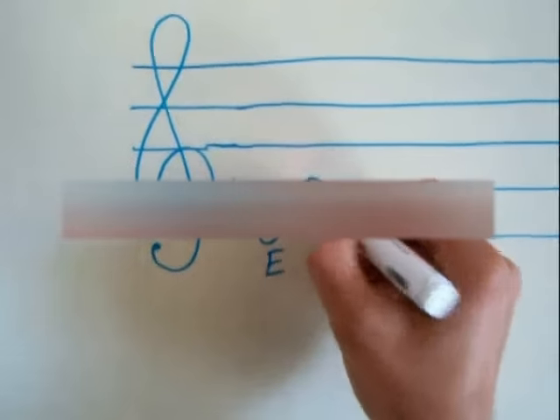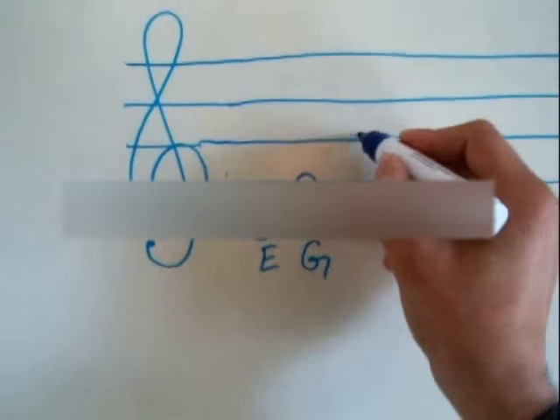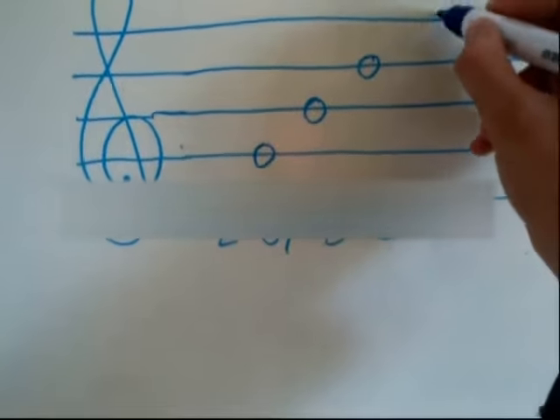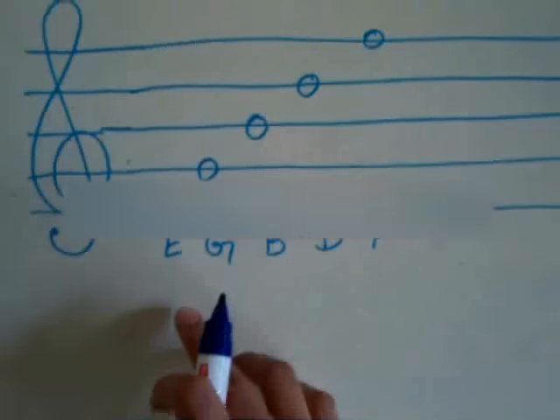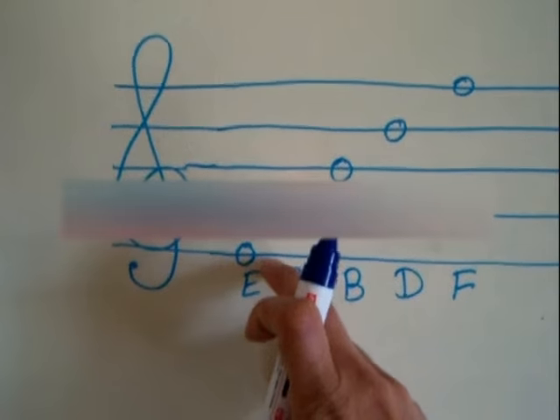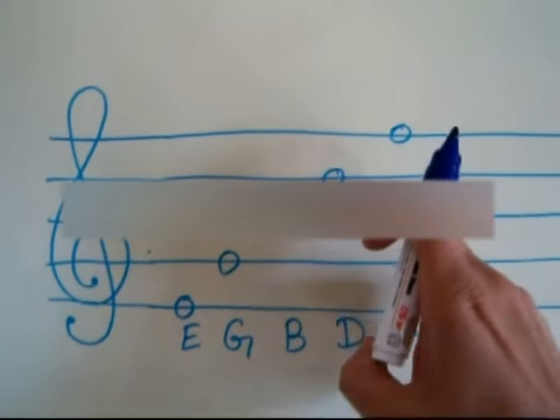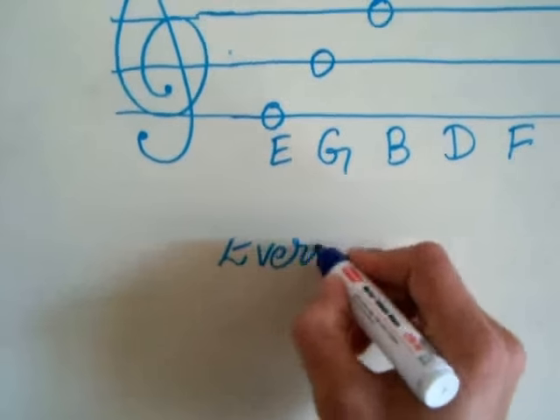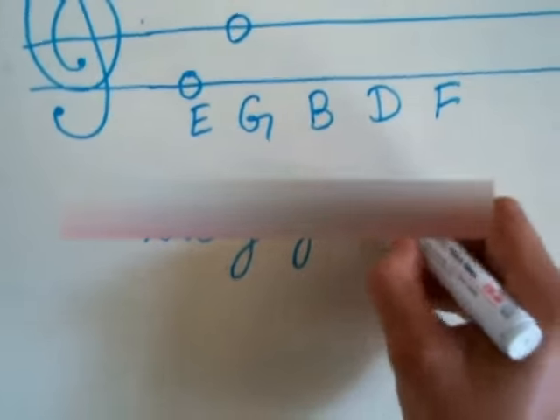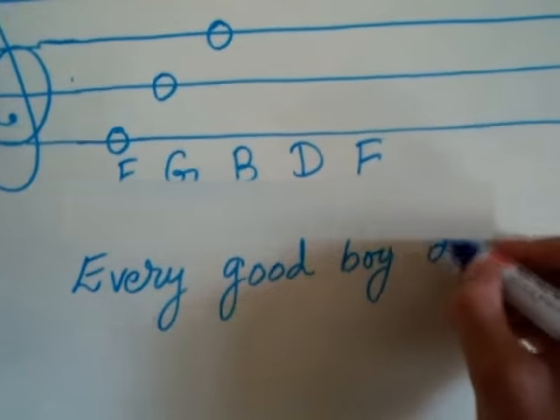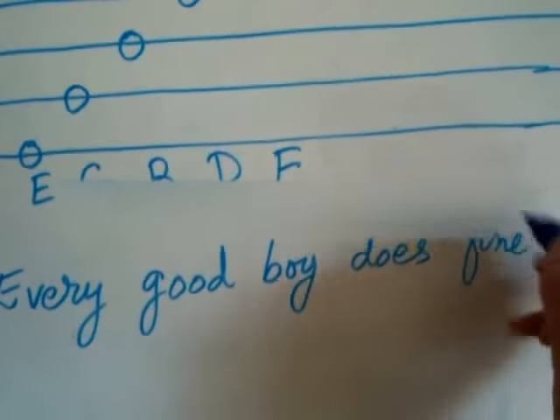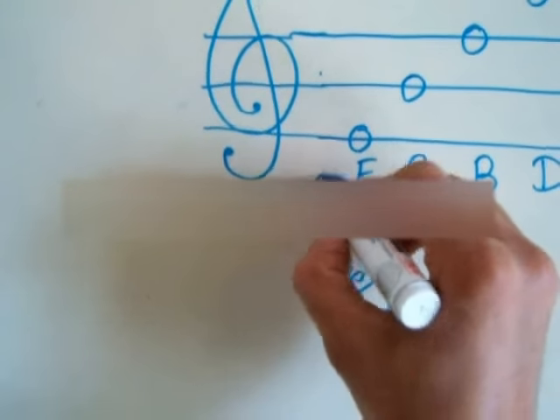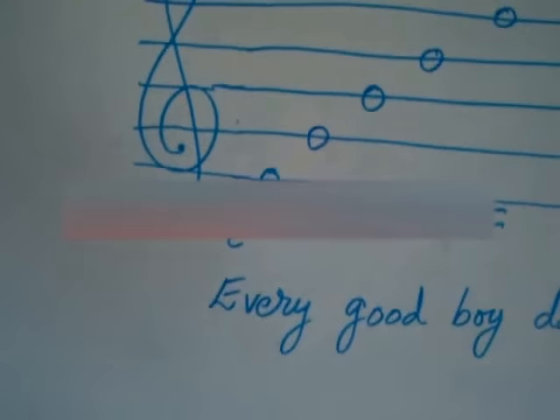E, this is G. Okay, this is B, this is D, and the pitch here is F. And to remember this, you have to learn: every good boy does fine. Okay, and the first ledger line, this you can learn also.